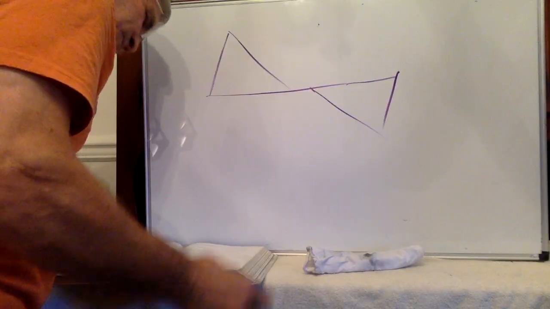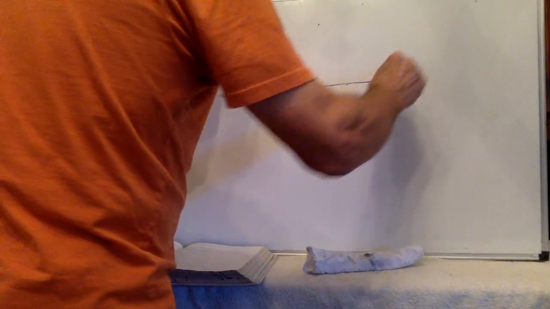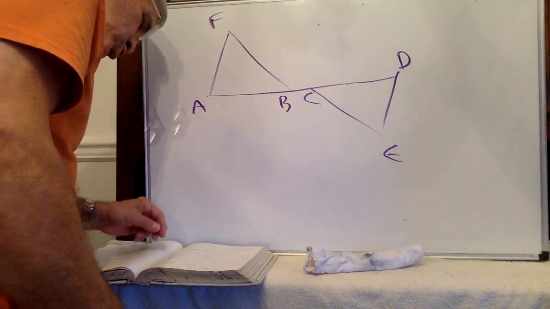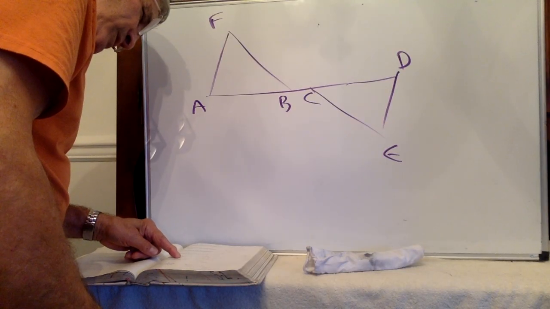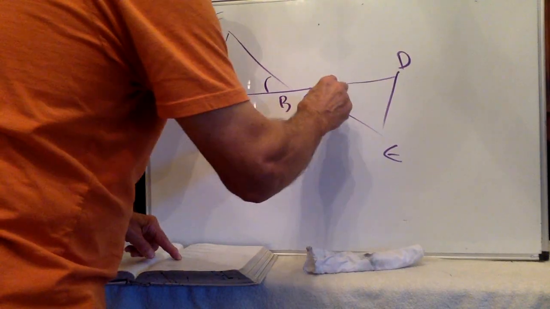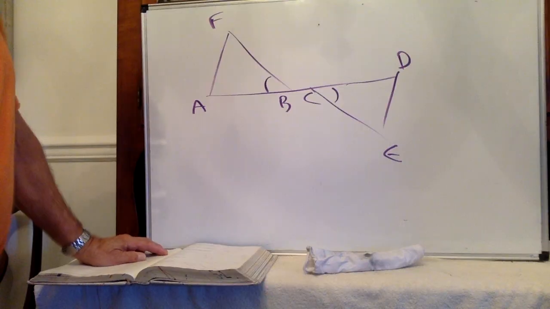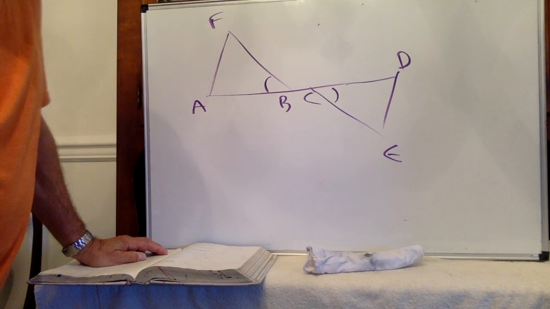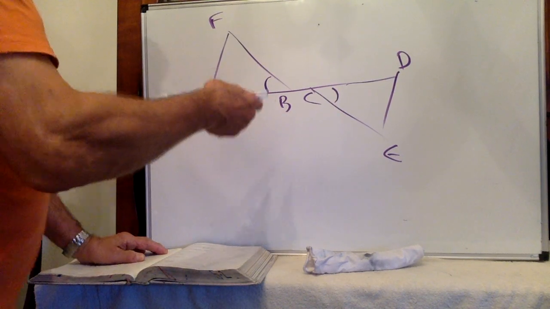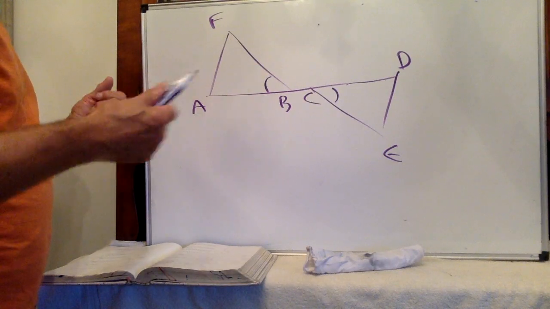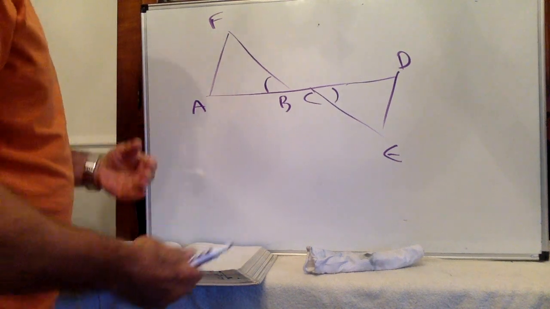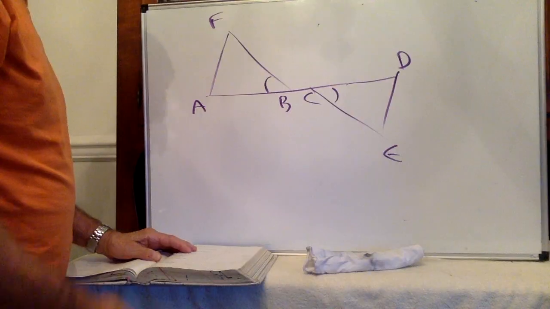If I gave you this figure, and you were told that this angle is congruent to that angle, by looking at this figure, do I have any lines or line segments parallel by one of those methods that we just talked about? The answer is yes.